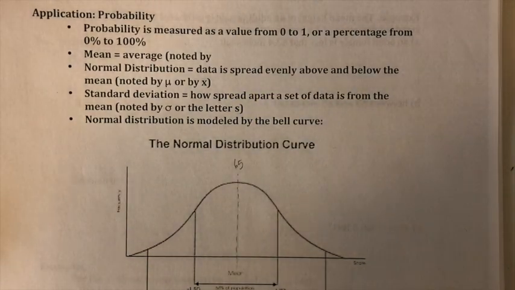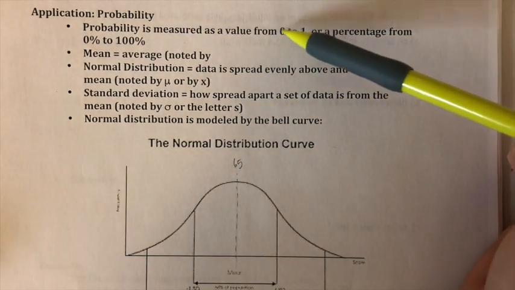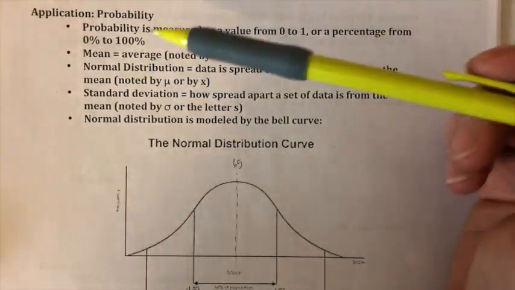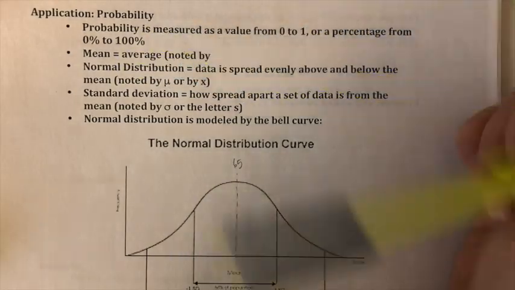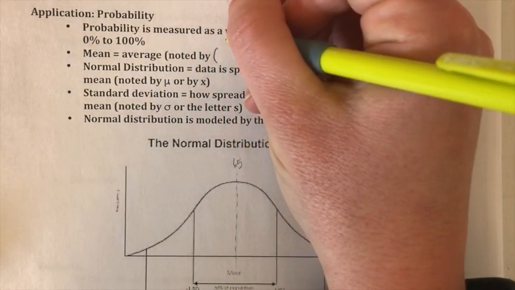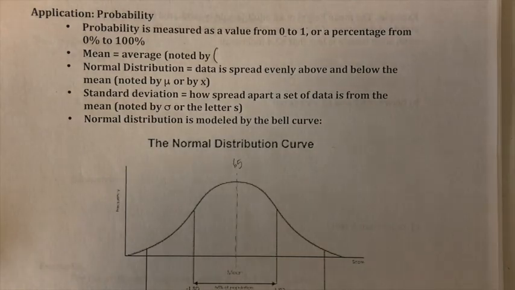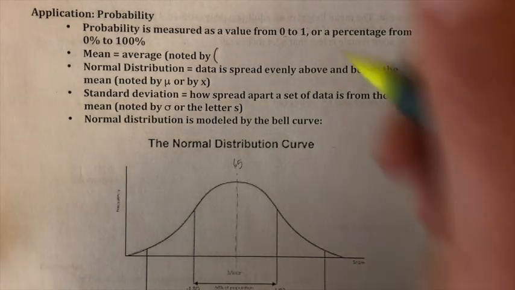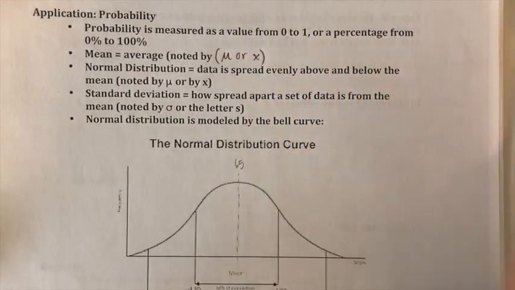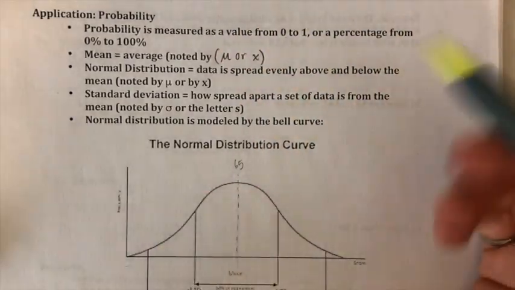As far as probability, what you need to understand for now is that it's measured from a value from 0 to 1 or as a percentage from 0 to 100. So 0.76 would be 76%. When we talk about average, it is denoted by this mu or an x. So that's our x coordinate.